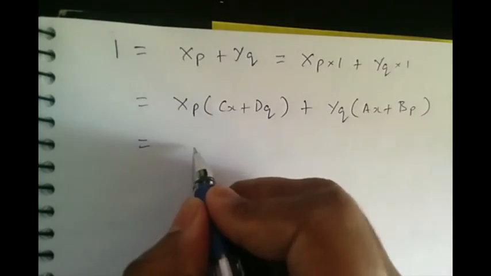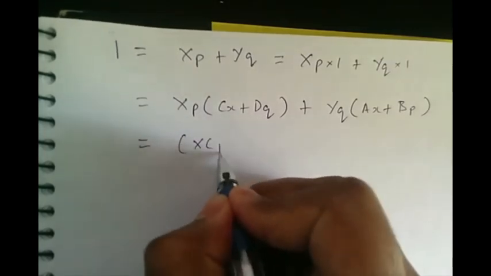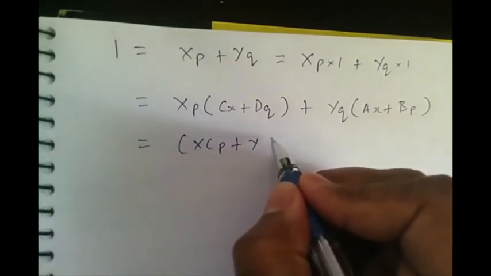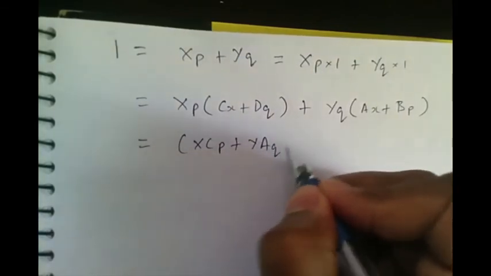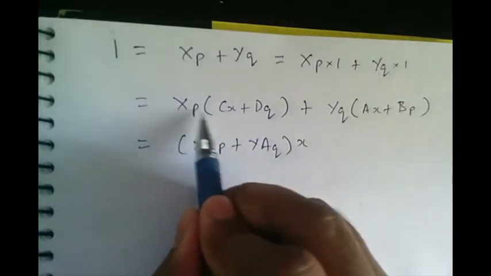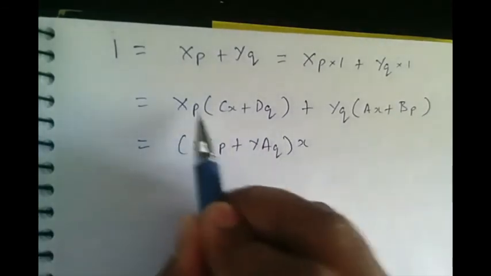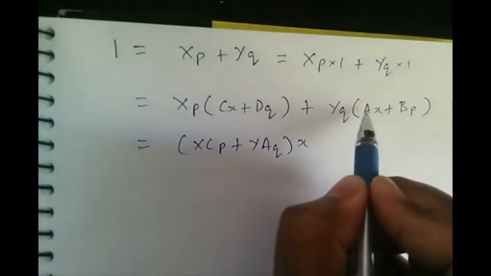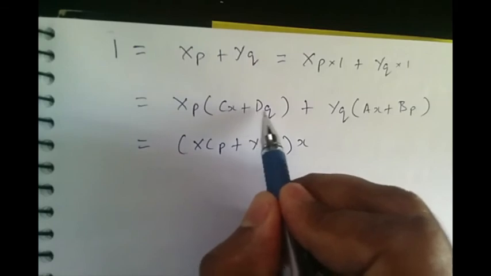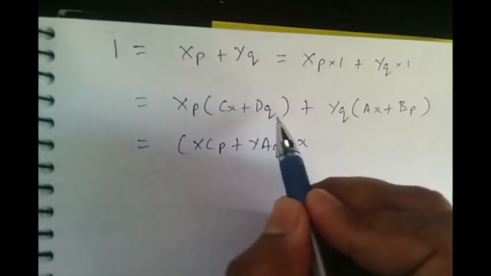This is x capital CP plus y capital AQ into x. So this term here contributes this. This term here is contributing this. And P times Q, that will become N.